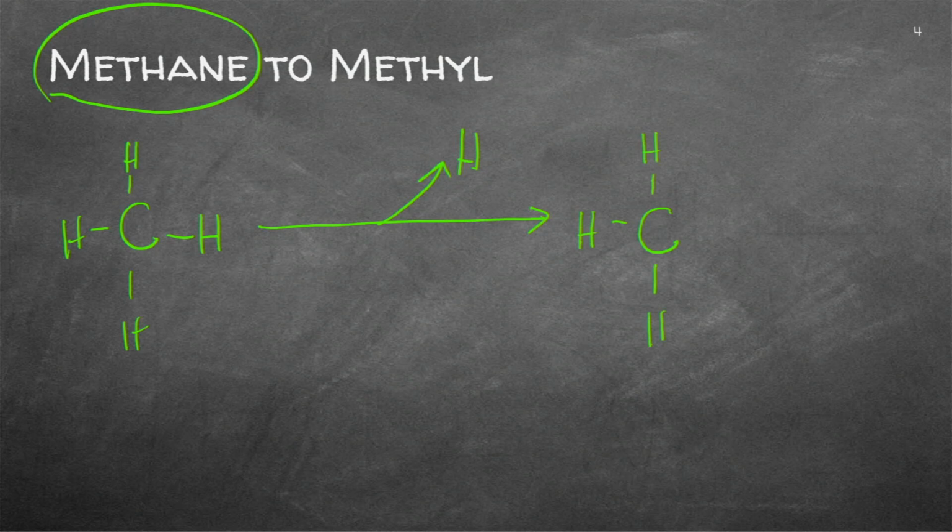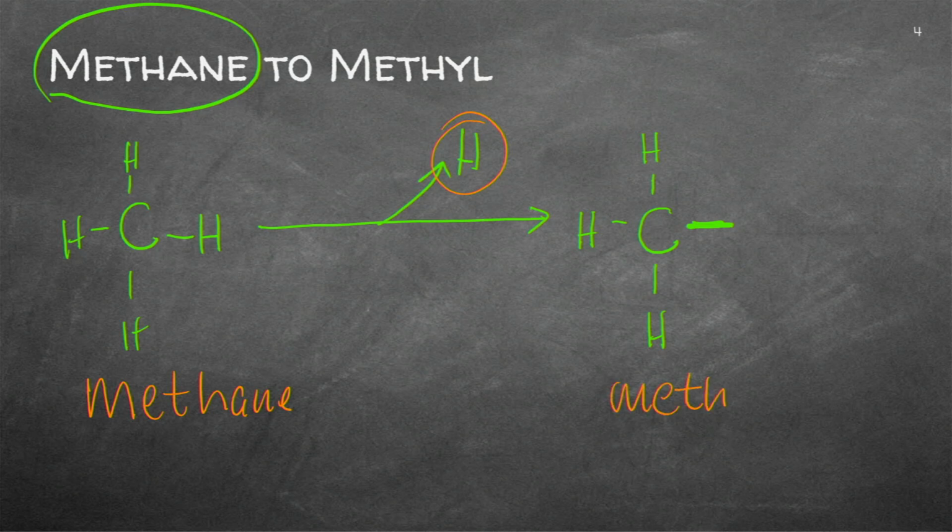Can you see there? And I've got this electron vacant. Now, as soon as a methane loses the hydrogen, the methane then becomes a methyl group. Methyl meaning it's stemming from the methane and it can bind.